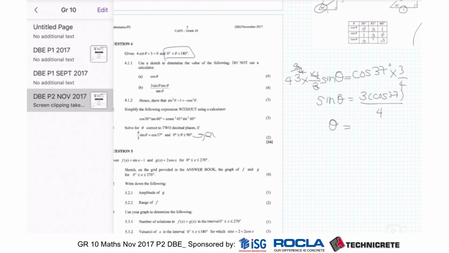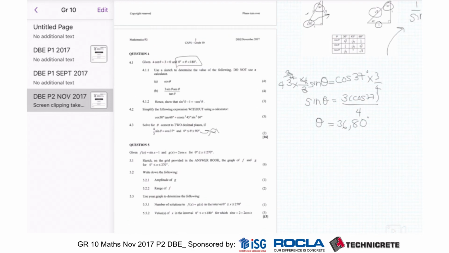So 3 over 4 cos 37, shift sine of that answer, and we get 36.80 degrees. Okay, let's go to our next section.